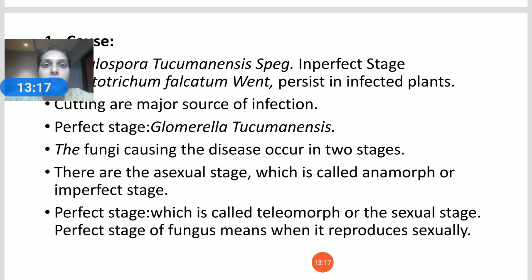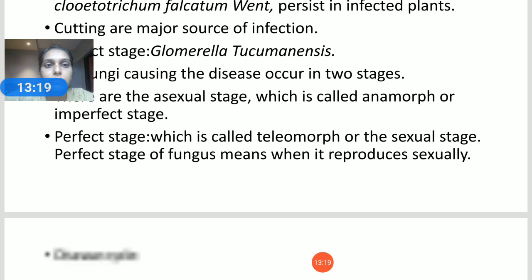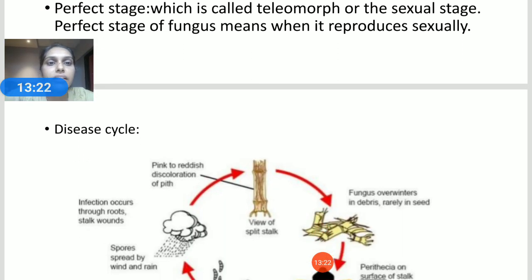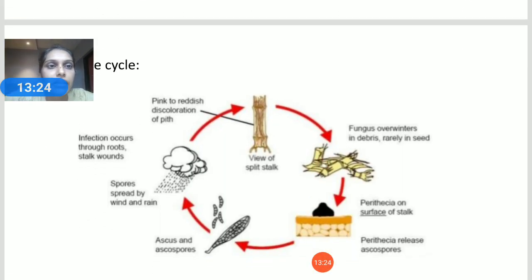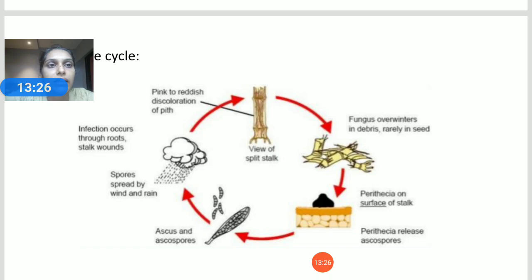Okay, in which stage is the disease spread? It is the disease cycle. The fungus overwinters in debris, rarely in seeds, and penetrates into the stalk.